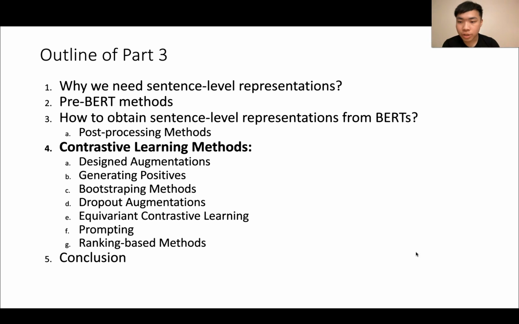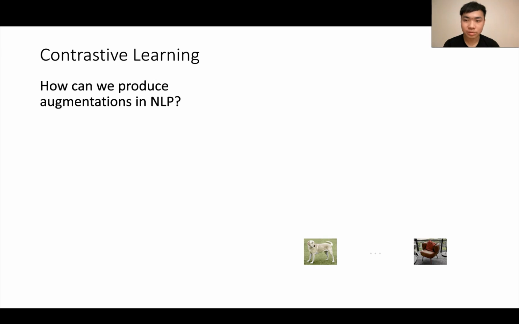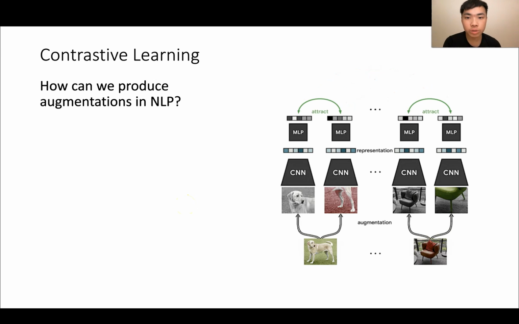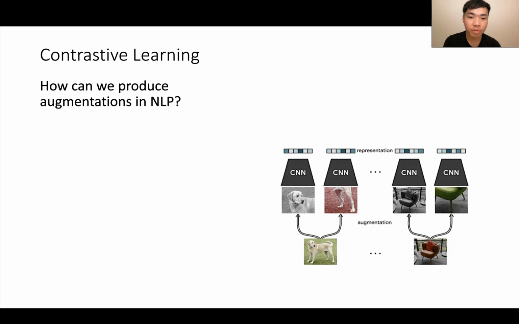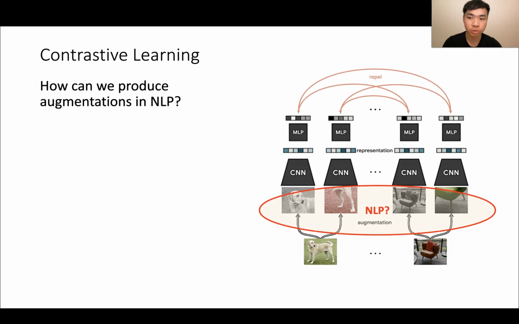So in the following, I will talk about a lot of different contrastive learning methods to extract good sentence embeddings from BERT. If we want to train a contrastive learning model for a natural language sentence, we have a problem here. We don't know how to do the augmentations for natural language sentences.